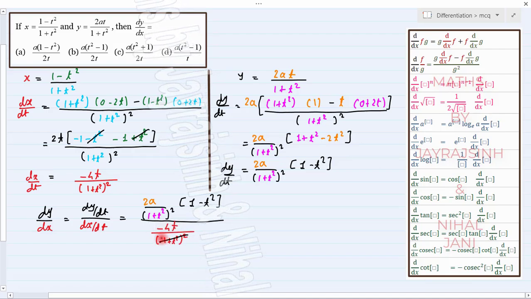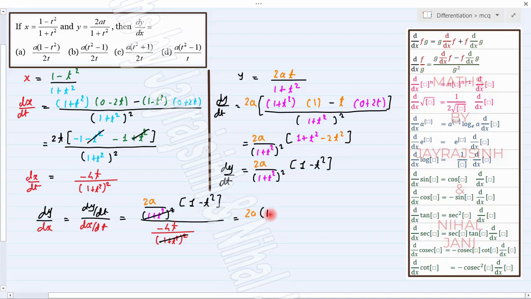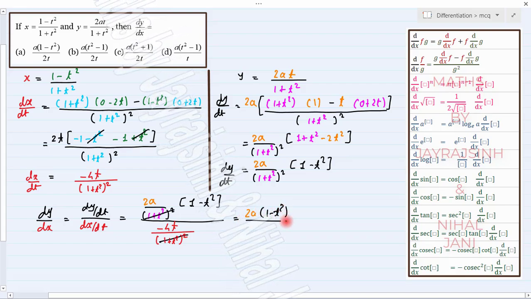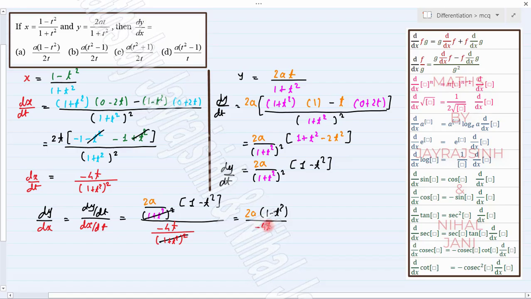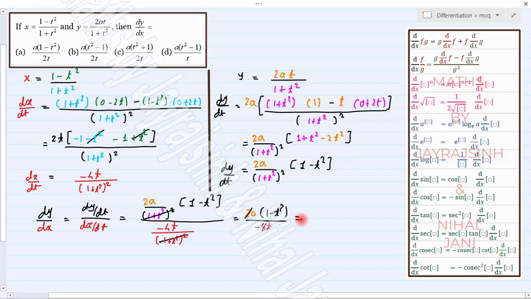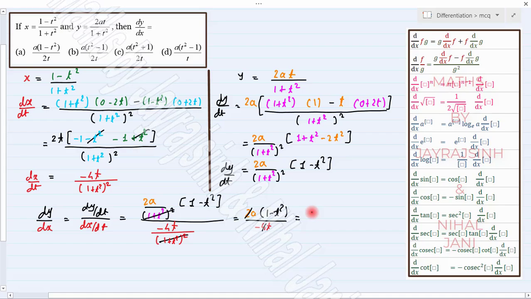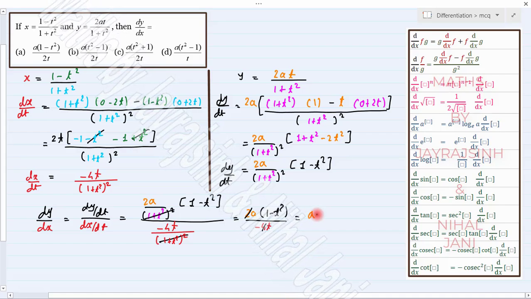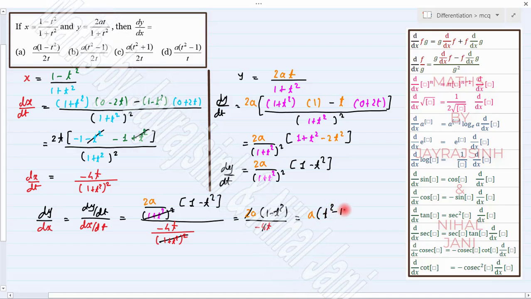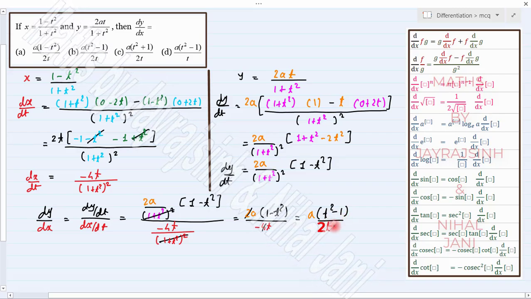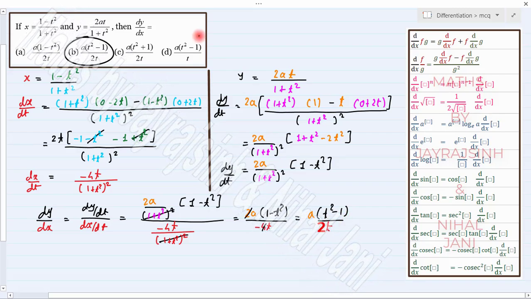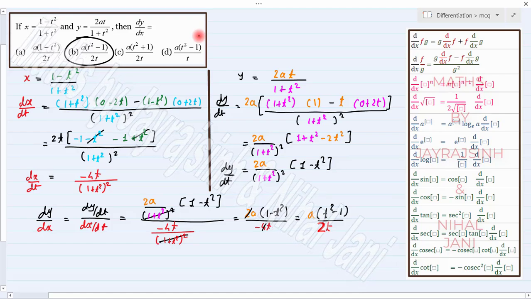So (1 plus t square) the whole square will cancel out, and we will get 2a into (1 minus t square) upon minus 4t. So this 2 will cancel out, and if we multiply minus within the bracket, we will get a into (t square minus 1) upon t, which is given in option D.